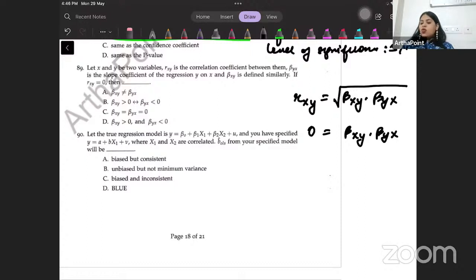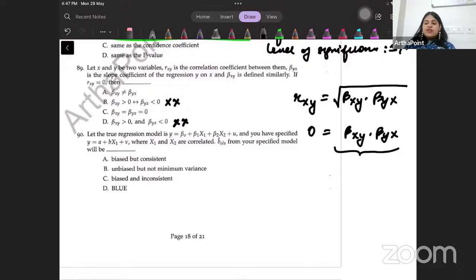So the only way this is possible is if one of them is 0. Only then the product can be 0. If one of them is 0, then the product will be 0. Therefore, this is not possible. One greater than 0 and the other less than 0, the product will not be 0.